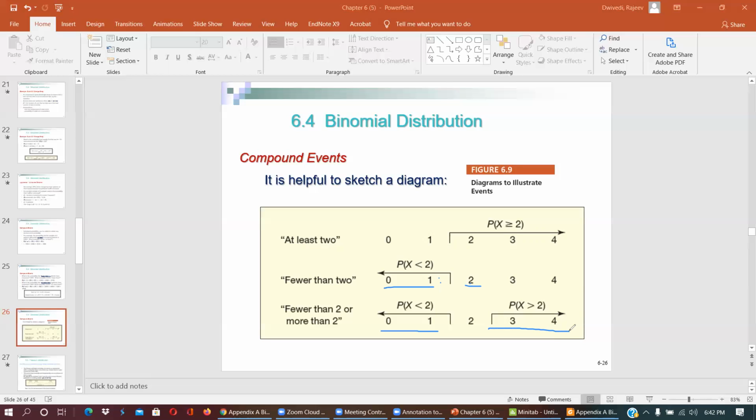So for compound event probability, whenever there is a question related to at least, fewer, or more than, we always use the CDF, or cumulative distribution function. Please remember this.